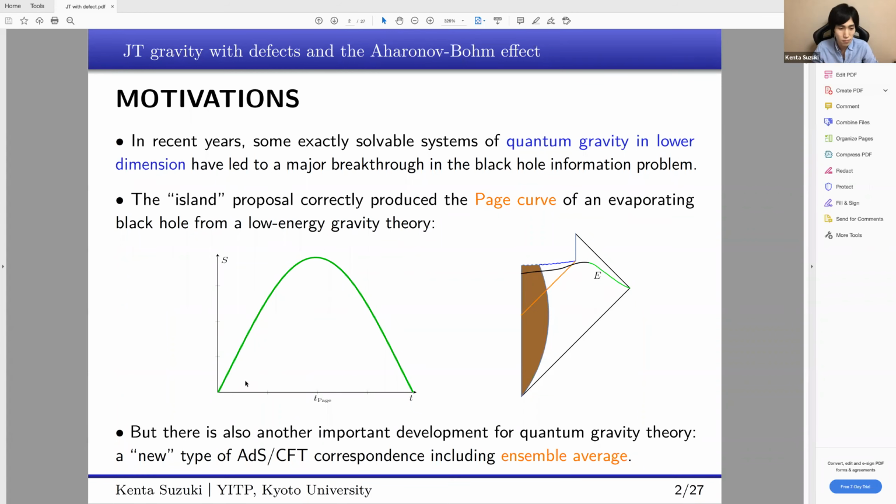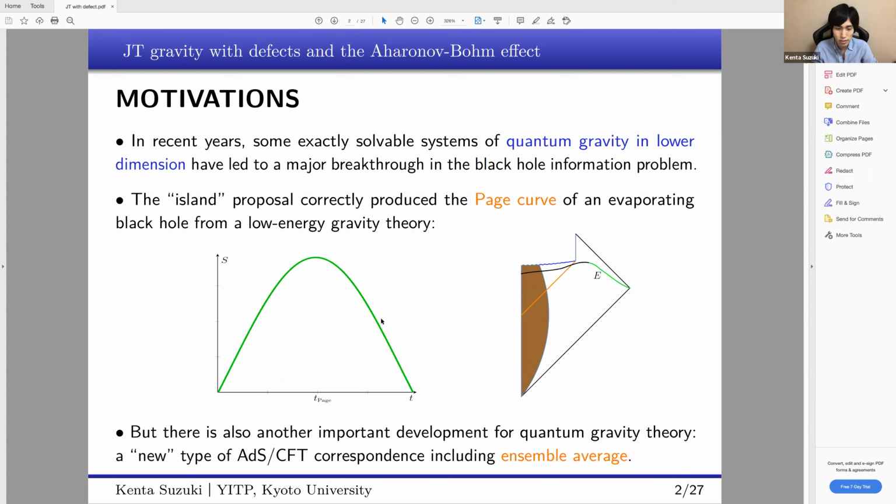So if you believe Hawking's semi-classical computation, the entanglement entropy of Hawking radiation monotonically grows forever until the black hole completely evaporates.